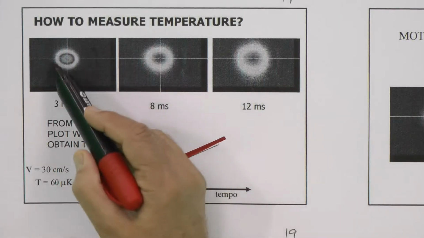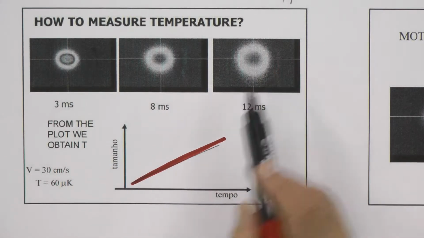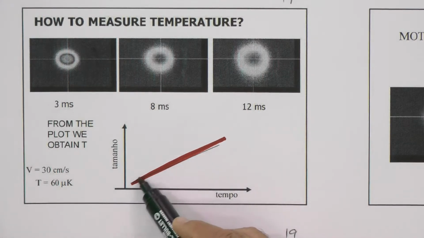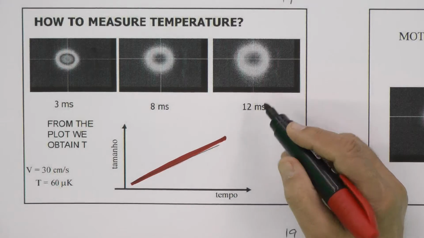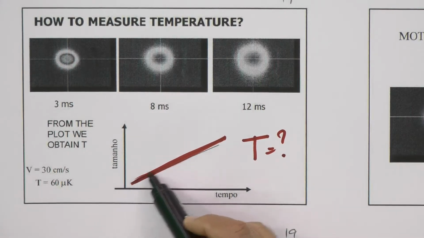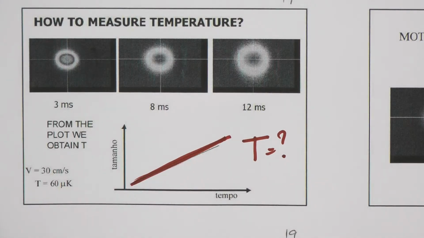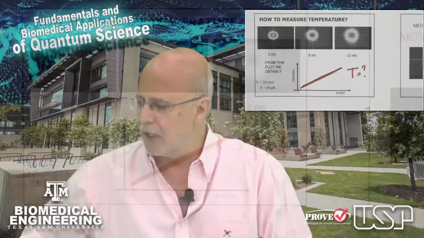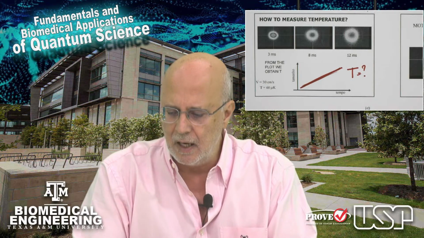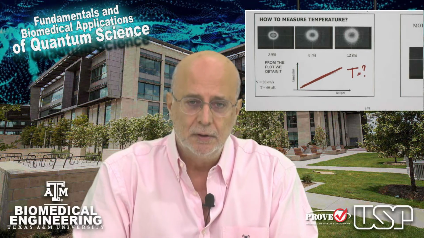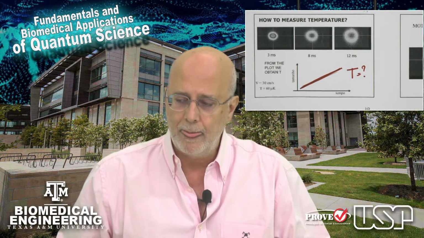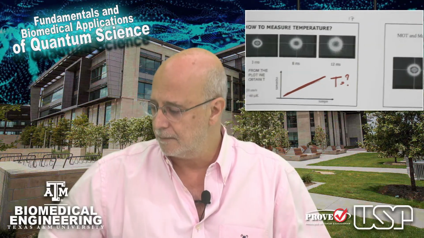I look at the size of the cloud growing, and I observe how fast it goes. I get the temperature by looking at the rate of expansion. And then I can see the change in behavior of those systems. I can take a picture and get the overall properties of my system.